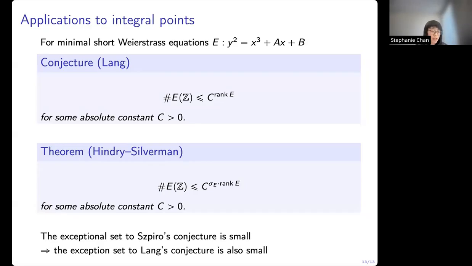So by knowing that most elliptic curves in certain families have bounded Szpiro ratio, we can deduce a bound of C to the rank, at least for almost all elliptic curves in certain families. That is one application and motivation for studying this distribution of Szpiro ratio.